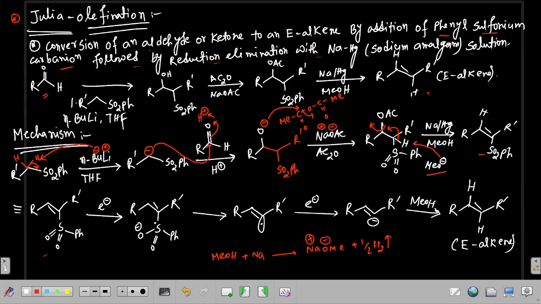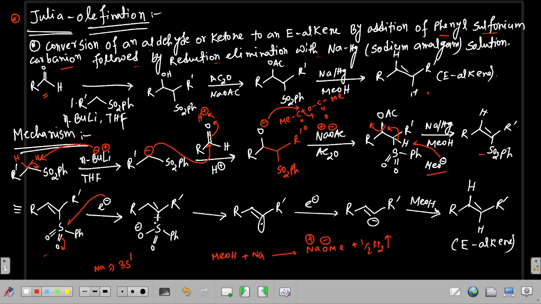Next, sodium has one electron; the configuration of sodium is 3s1. This electron will attack the sulfur, and this bond will shift and form a radical anion.